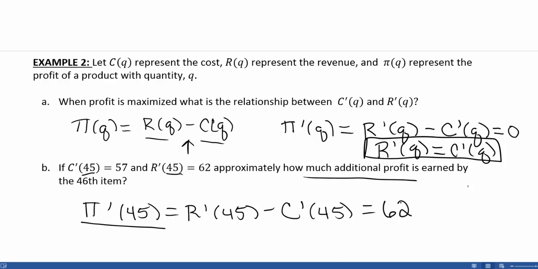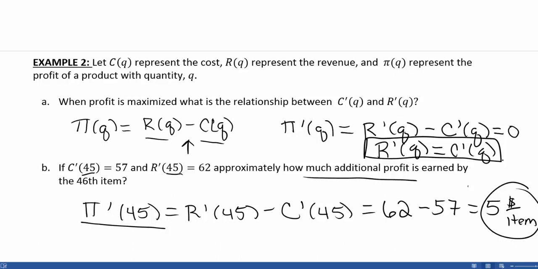It's going to be $62 per item minus $57 per item, which tells me that the marginal profit is $5 per item. So if I go from making and selling 45 items to making and selling 46 items, I will receive an additional $5 in profit.